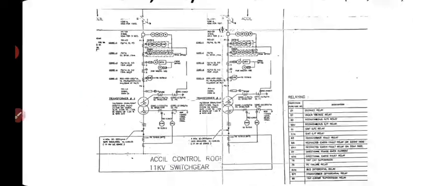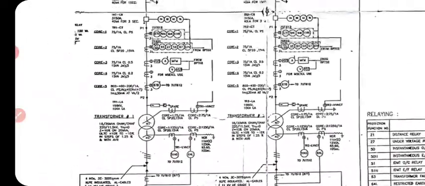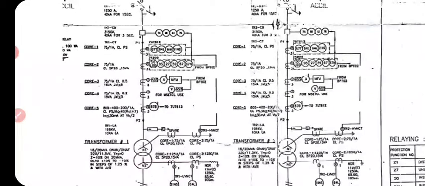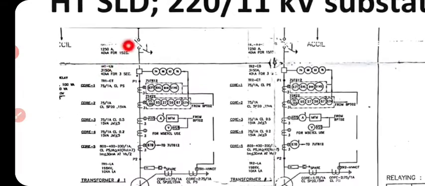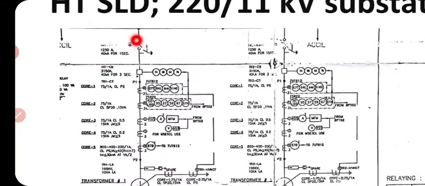Now coming to a close view, here we can see that this 220 kV supply is sent to various equipment. There is various equipment in a substation.